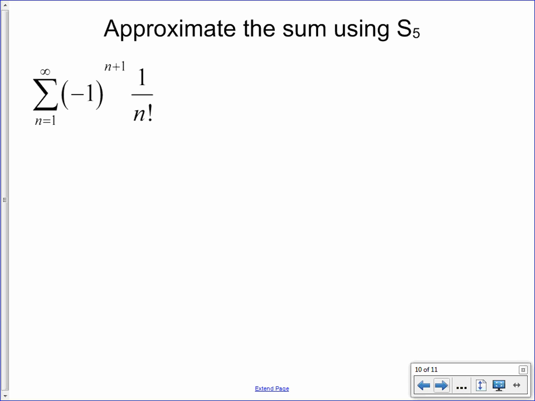So I want to approximate the sum using the fifth partial sum. That's what that means. Now, we already looked at this one, right? Was it the n plus 1?